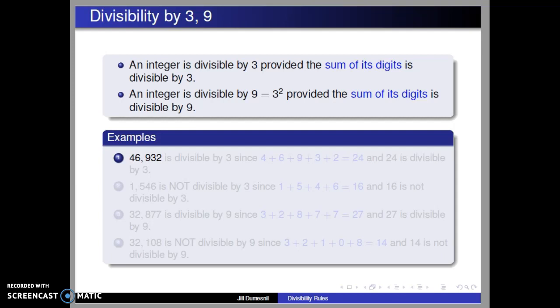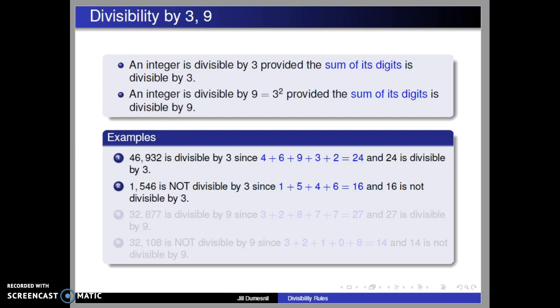The number 46,932 is divisible by 3 since its digits sum to 24, and 24 is divisible by 3. The number 1,546 is not divisible by 3 since its digits sum to 16, and 16 is not divisible by 3.